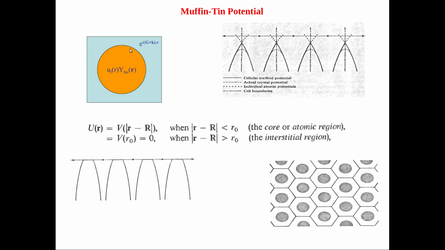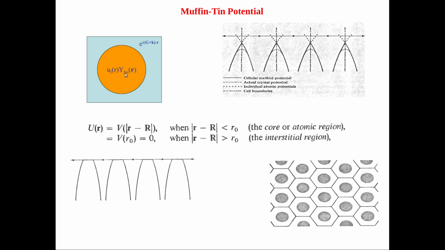So when you decrease this muffin tin sphere too small, you are decreasing this region around the atomic nucleus, where the electronic potential energy is 1 upon r type, and near the atomic nucleus, the wave function is oscillatory in character, and oscillatory wave functions can better be represented with the help of spherical harmonics and the radial wave function.